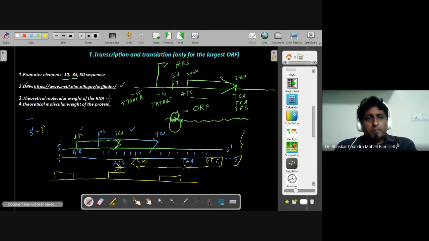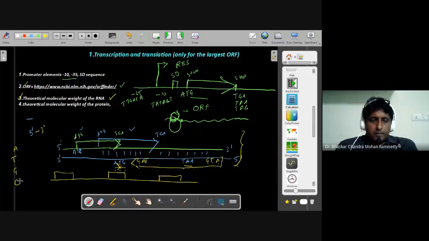At this stage, I would also want you to find the theoretical molecular weight of the complementary RNA. Chemically, if you're looking at the differences between RNA and DNA, you would find very few differences. DNA has A, T, G, and C, and it has deoxyribose.